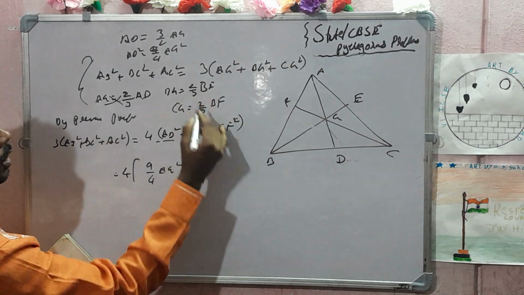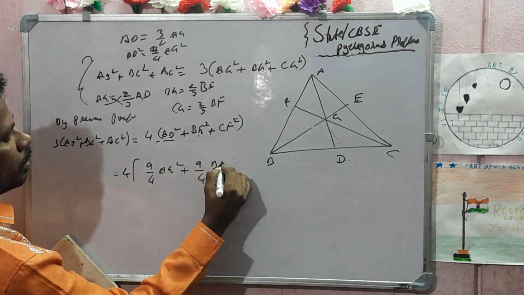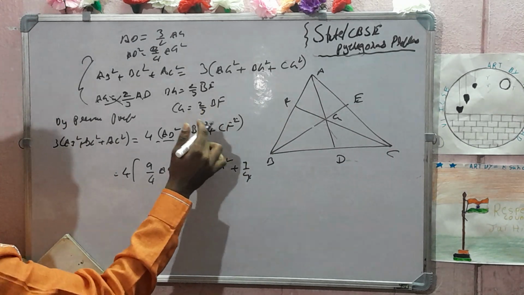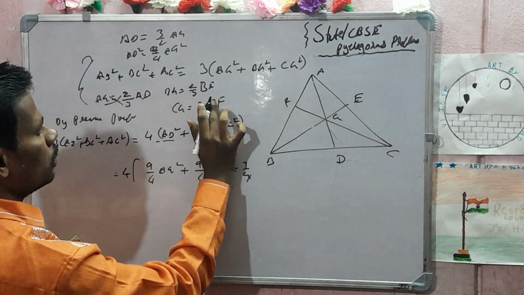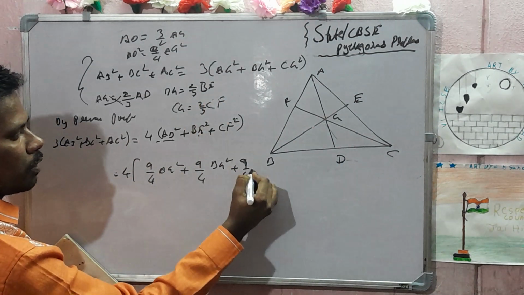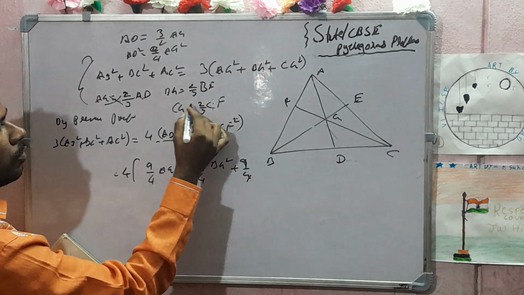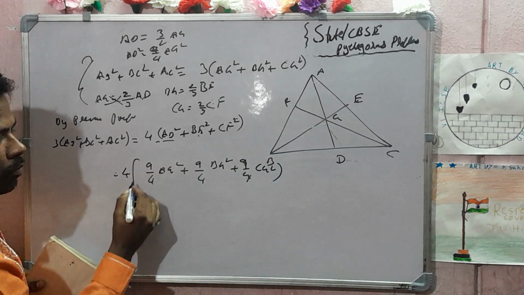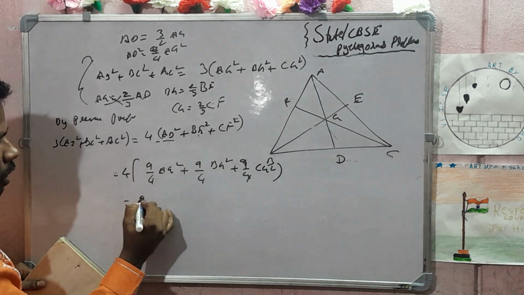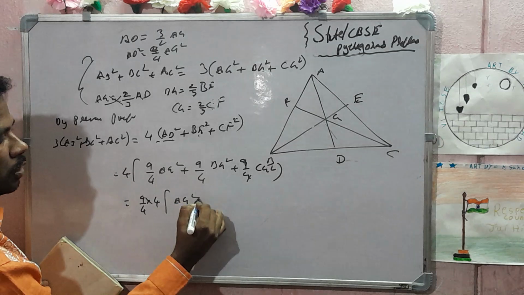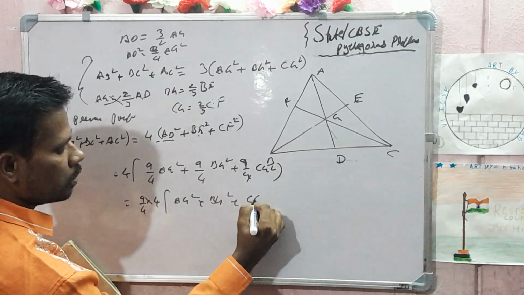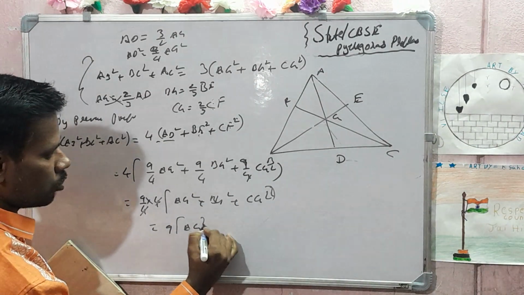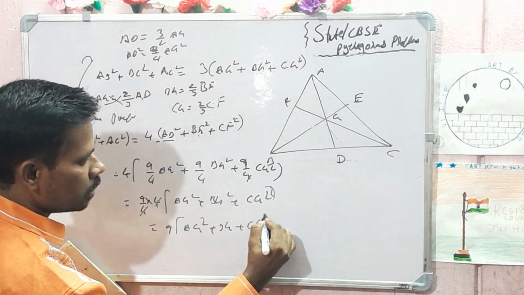BE is nothing but BG, so 9 by 4 BG square, plus 9 by 4 CF, what you will get? 9 by 4 into CG square. So take 9 by 4 common outside. 9 by 4, already 4 is there: AG square plus BG square plus CG square. So 4 gets cancelled. 9 times AG square plus BG square plus CG square.